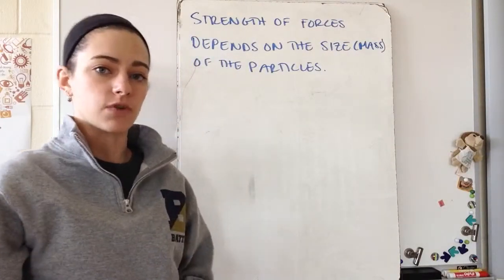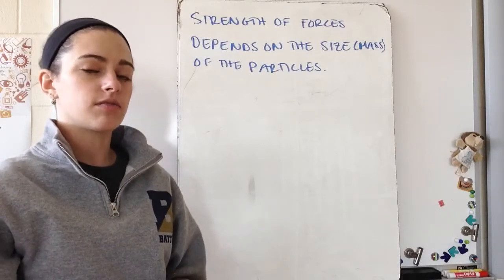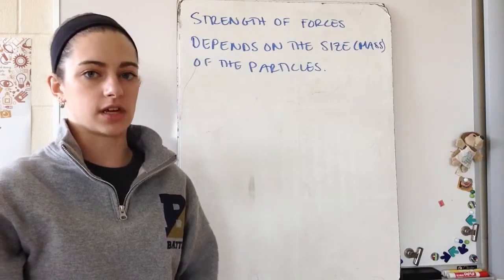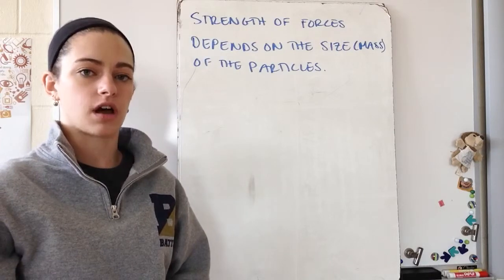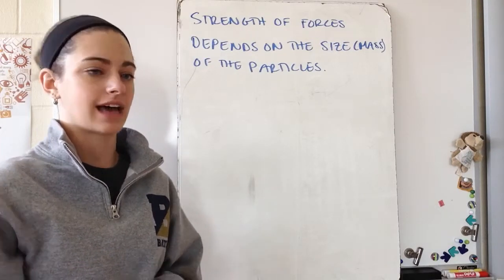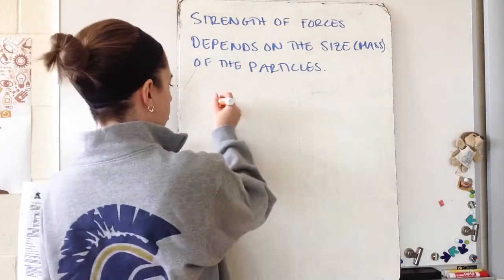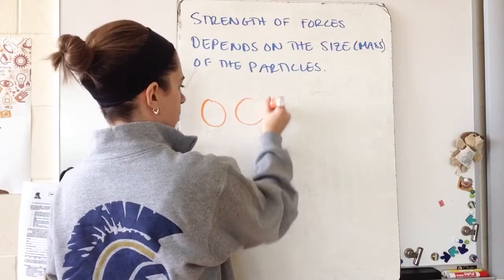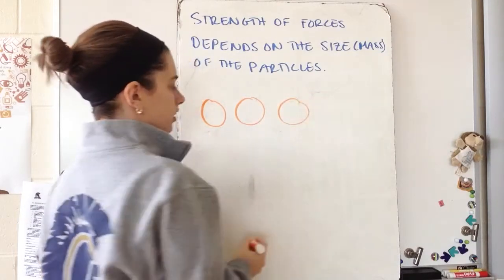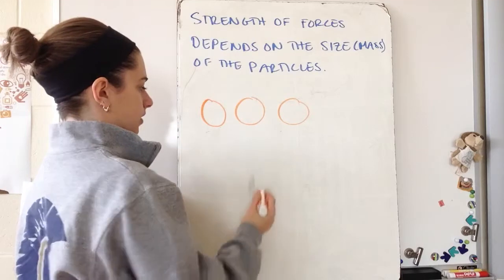So the strength of the forces can change. And the strength of the forces depends on lots and lots of things. For right now, we're going to focus on the strength of the forces depending on the size. So the bigger the particles, or the more massive the particles, the greater the strength of the intermolecular forces.